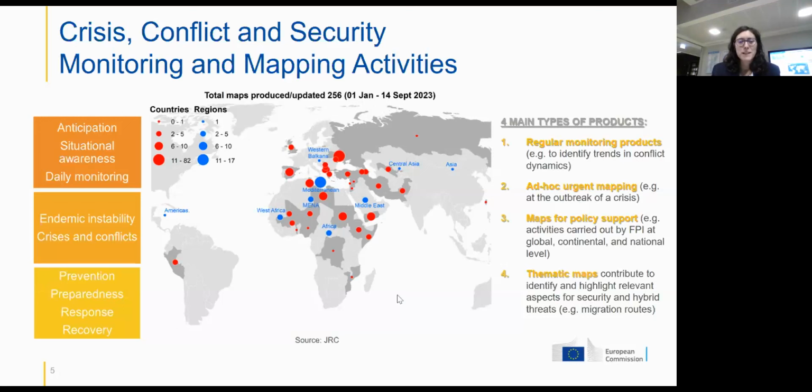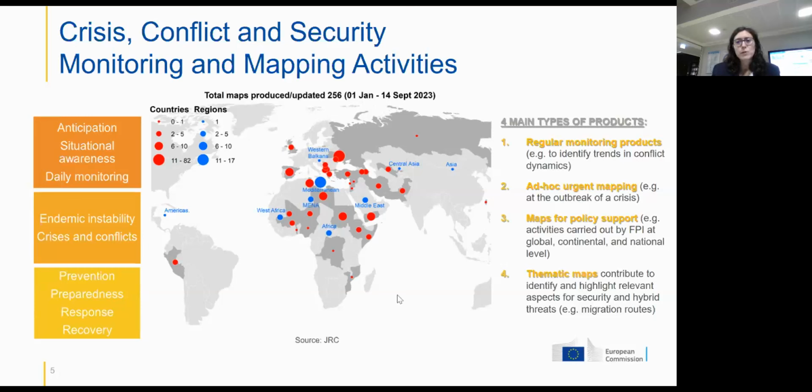I am a conflict and geospatial analyst at the Joint Research Center of the European Commission. So as Marzia has introduced, the European Crisis Management Laboratory, among other events, daily monitors and analyzes worldwide crises in the area characterized by endemic instability. Our crisis and security mapping and monitoring products support policymakers in crisis preparedness and response.